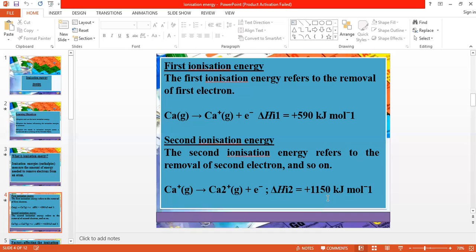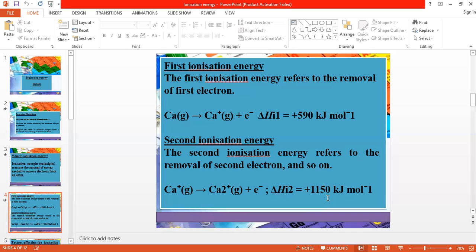The second amount of energy is higher than the first. The reason is that it is very difficult to remove an electron from Ca+. So we need more energy to remove it. First 590, second 1150. So if you want to remove the second electron, you need double the amount.